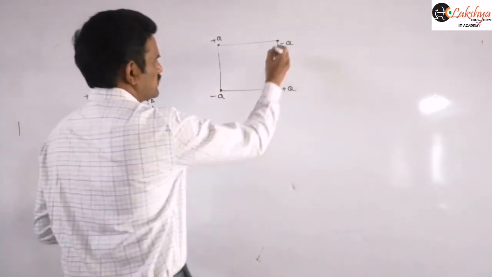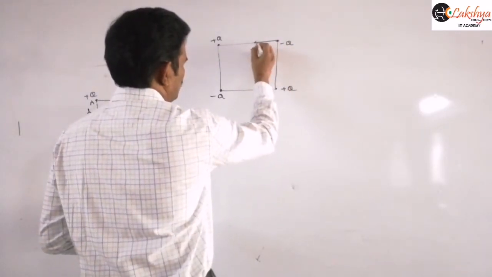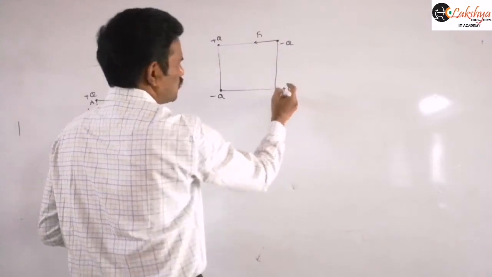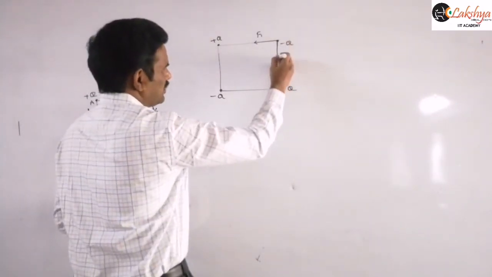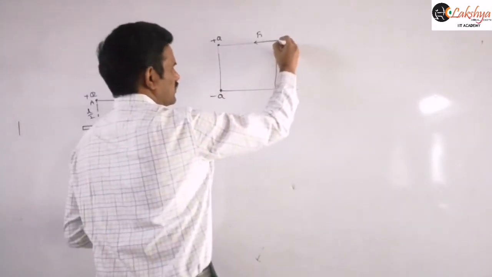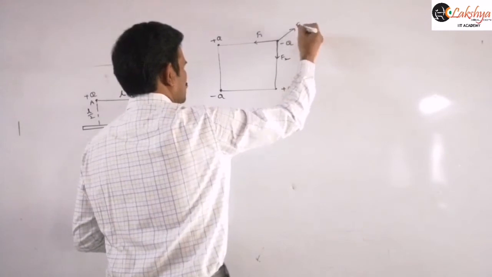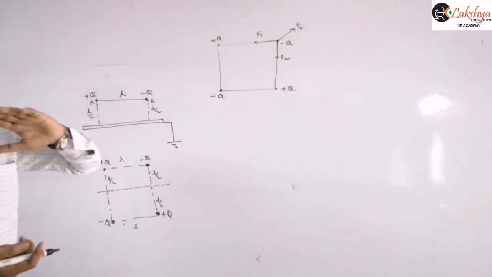Now the force due to this charge will be attractive, say F1 like this, and the force due to this plus q will be attractive. I am taking that as F2, and the force between these two will be repulsive. So that force will be F3. We already know how to write the magnitudes of F1, F2, F3.